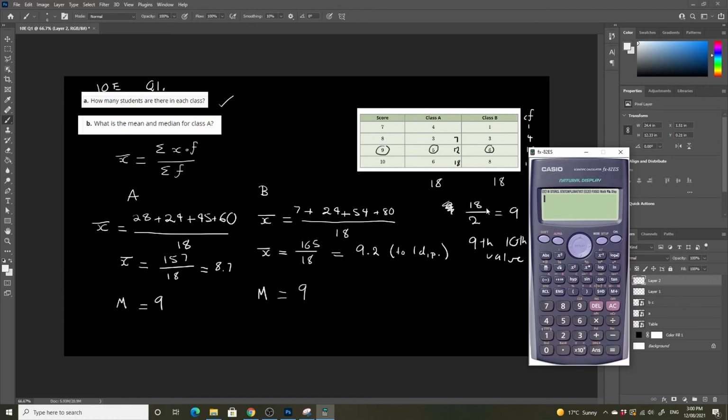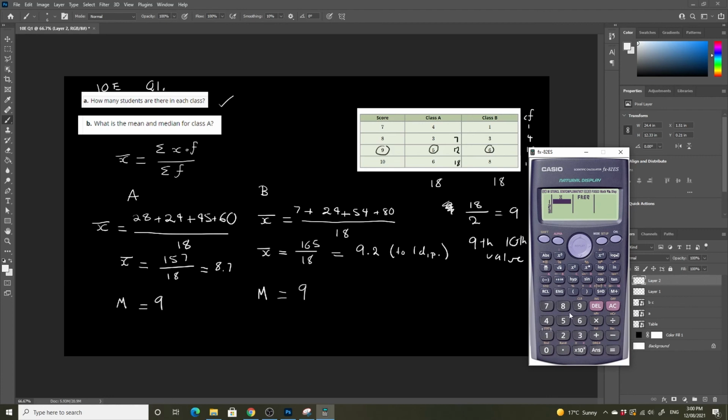We have to do each one separately though for the mean. If we hit mode and then statistics and then single variable, which is number 1, we can see here that we have our place to enter all our data values, but we need a frequency distribution table. So we're going to hit shift and set up, then hit down and hit 3 for statistics and we'll turn frequency on.